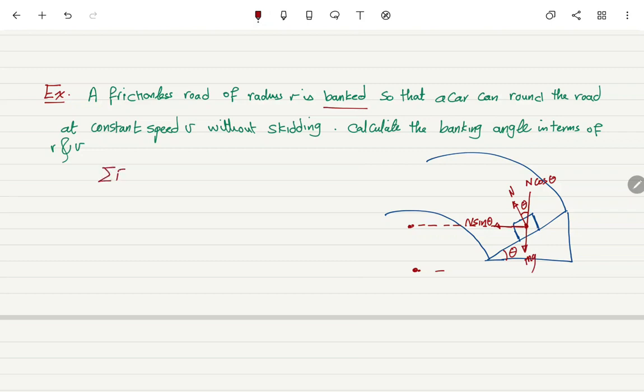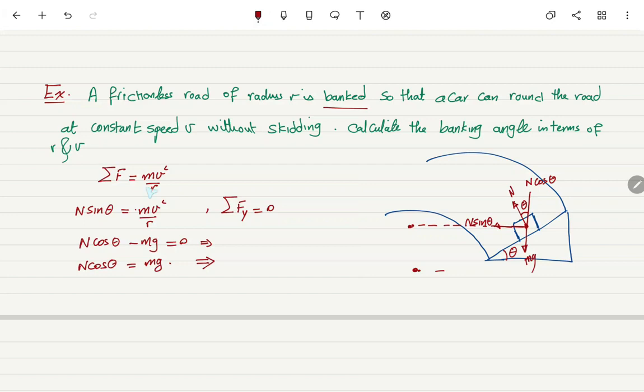The sum of all forces in the radial direction equals m v square over r. F here is N sine theta equal to m v square over r, and the sum of all forces on y equals 0. In this case, N cosine theta minus mg equals 0, or we can say that N cosine theta is equal to mg.